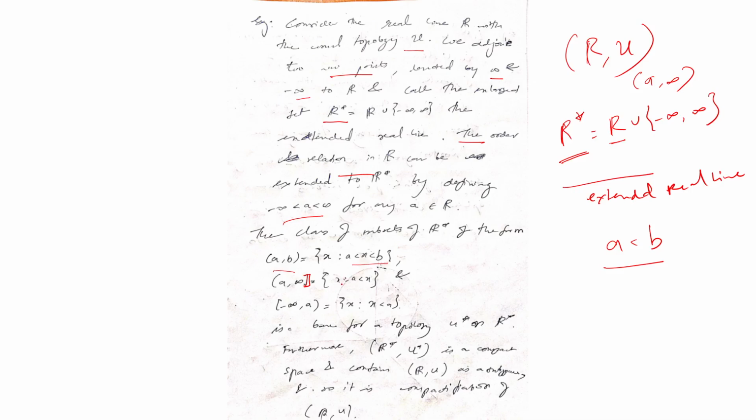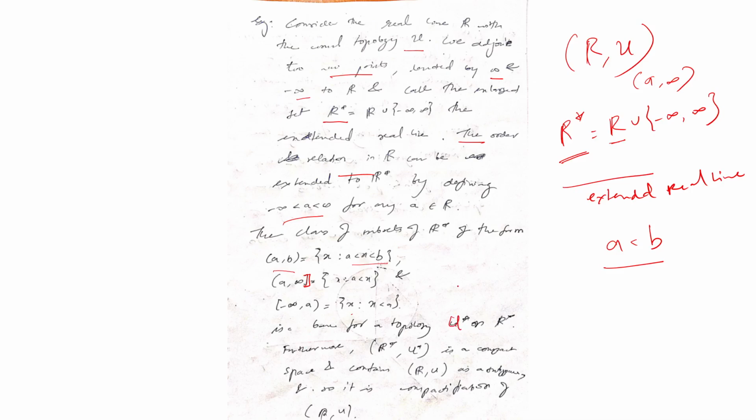This will contain all the X such that A is less than X. Similarly, for minus infinity, closed at minus infinity and open at A, containing points X such that X is less than A. This class of subsets of R star will form a base for a topology U star.